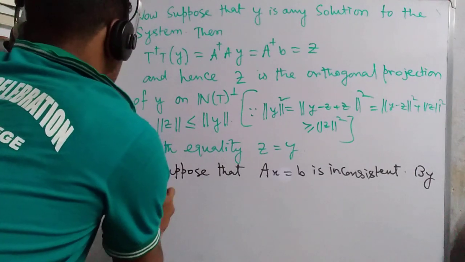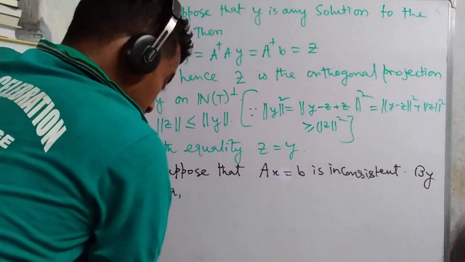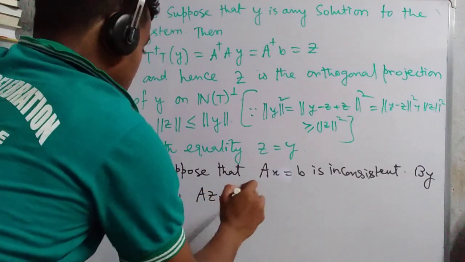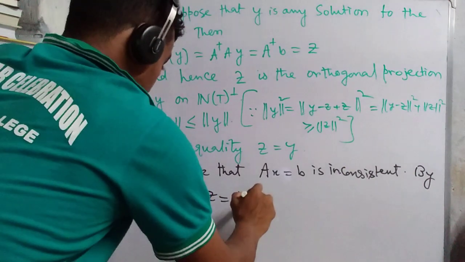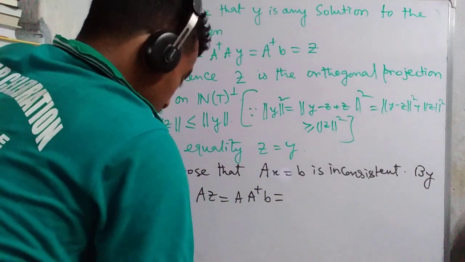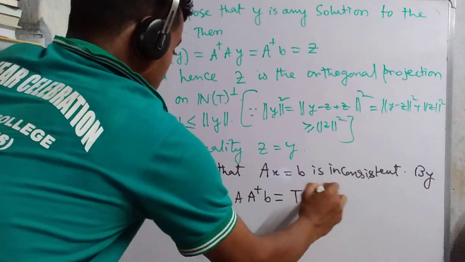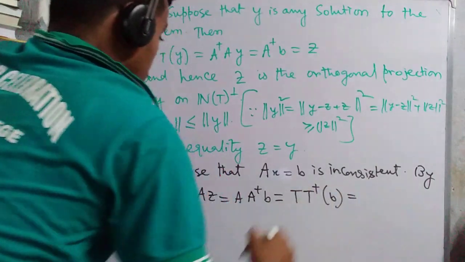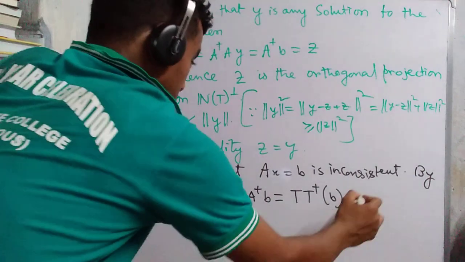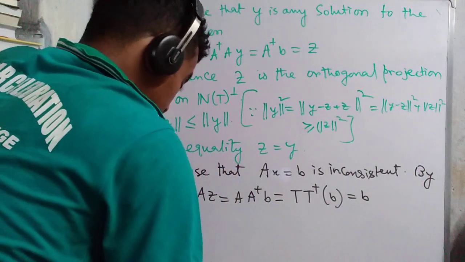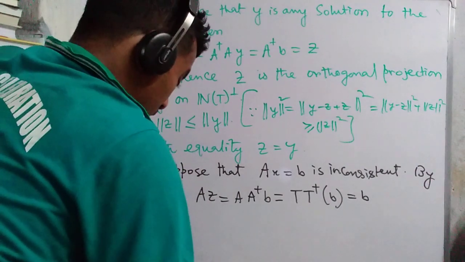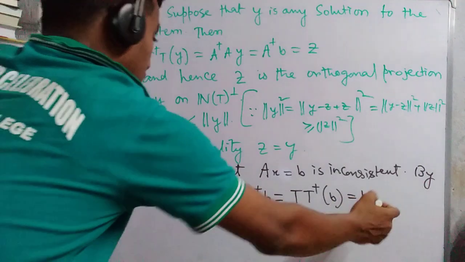By the lemma, what happened? We talk about that Az equal to A of A dagger b equal to T of T dagger b equal to what? Equal to b. Understood?